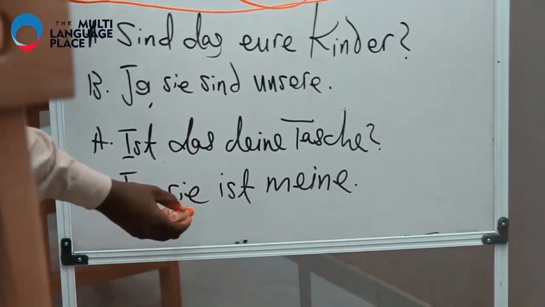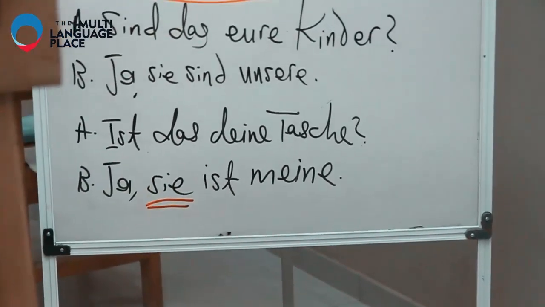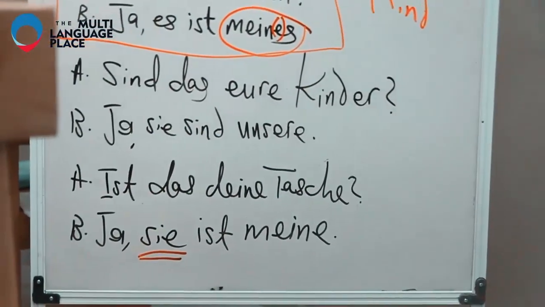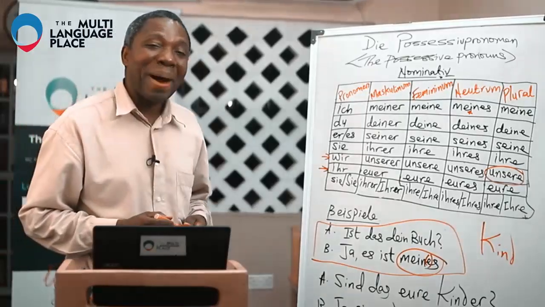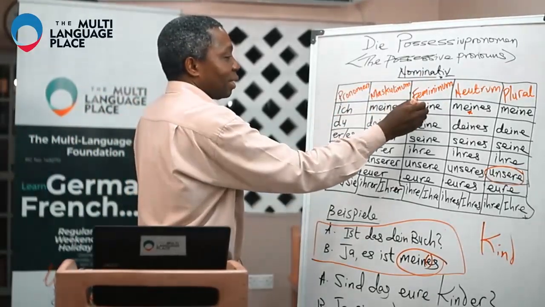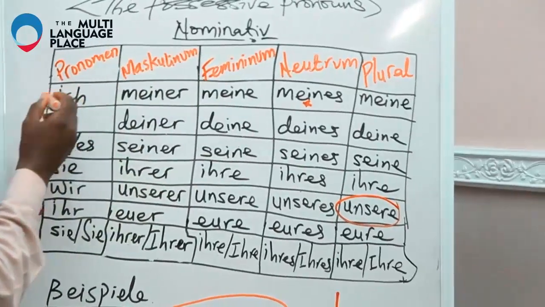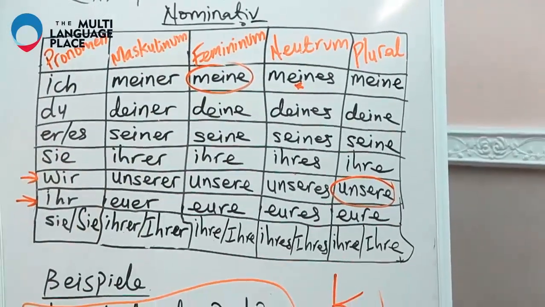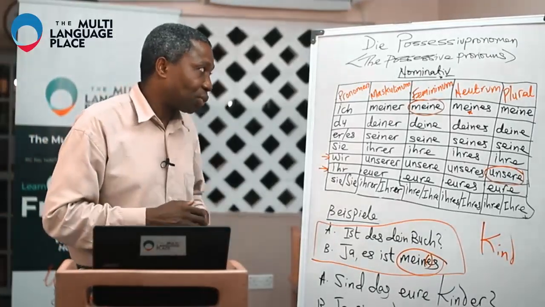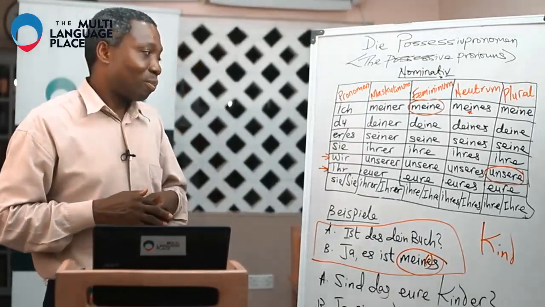Remember, sie is the pronoun replacing Tasche, which is feminine. Ja, sie ist meine. You see the feminine here, and you see meine, my own. That's how to use this possessive pronoun.